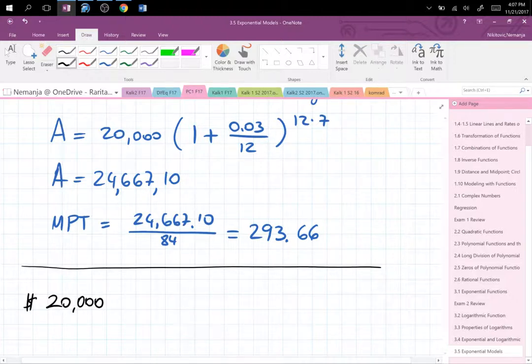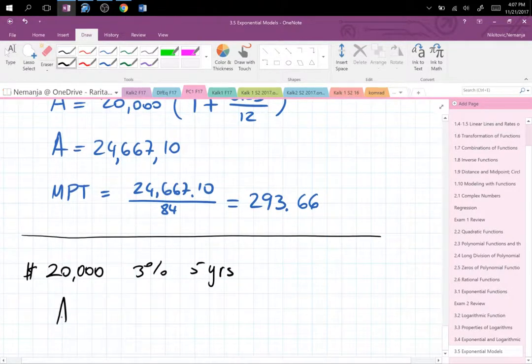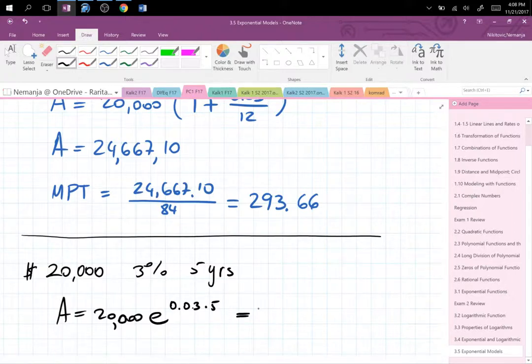And I want to show you this. So at 3% for 5 years, you just plug all of that into amount is equal to 20K e to the 0.03 times 5. It will give you the larger number than we had earlier. But it's not going to be that much larger.